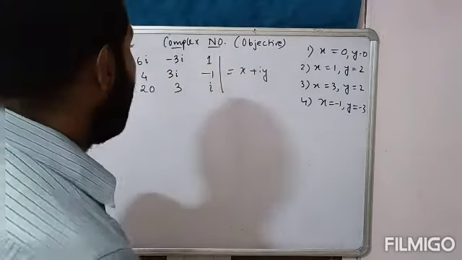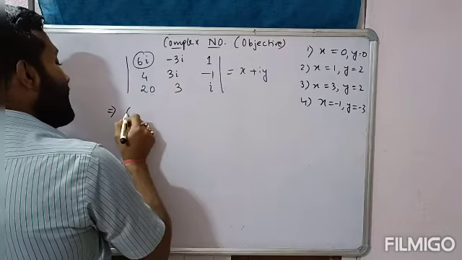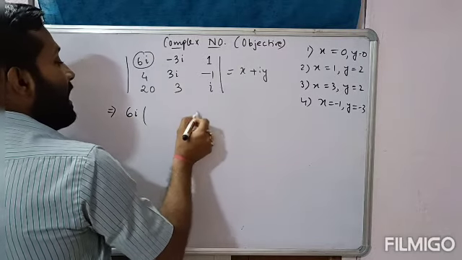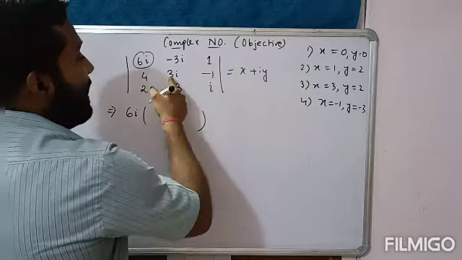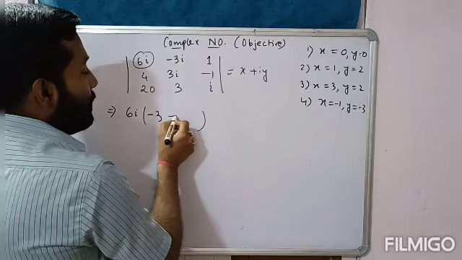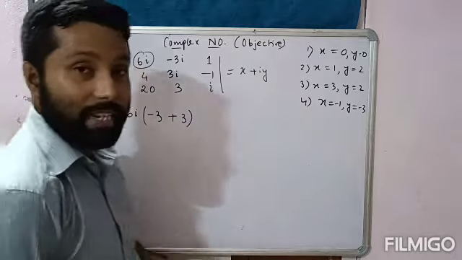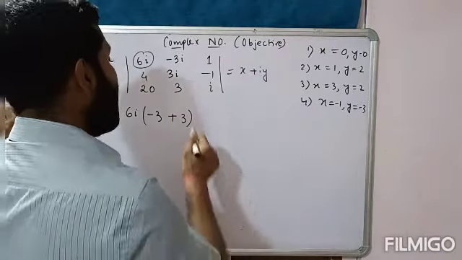All right, so let us expand the left hand side. The first element of the left hand side is 6i. So write here 6i, then delete the position of 6i. 3i into i, there is 3i squared, which is minus 3 plus 3. Why is it plus 3? Because 3 into minus 1 is minus 3, but minus it will become plus.